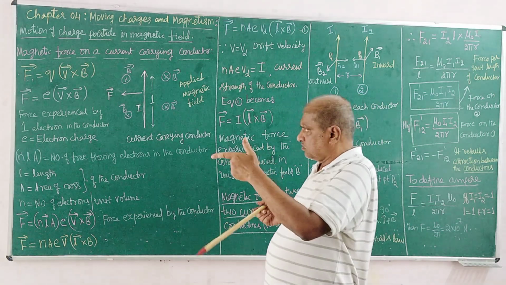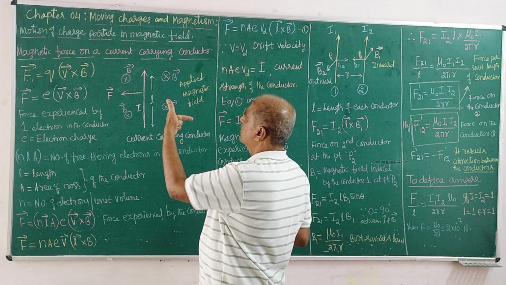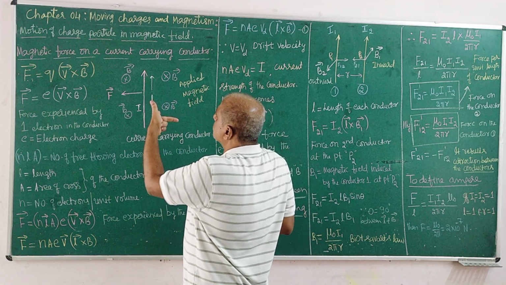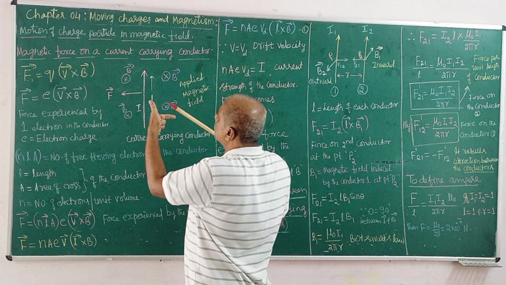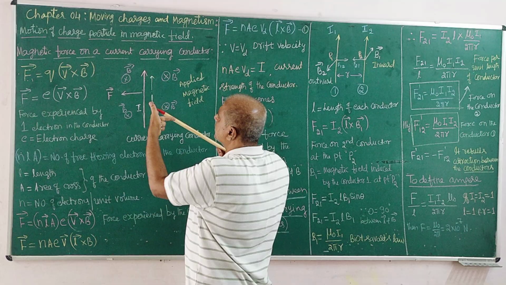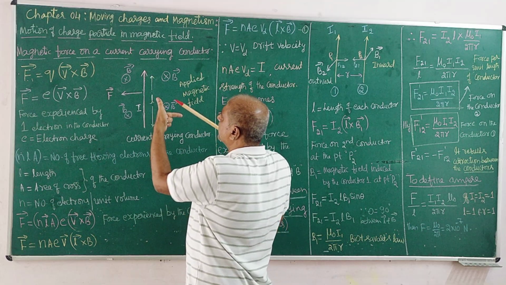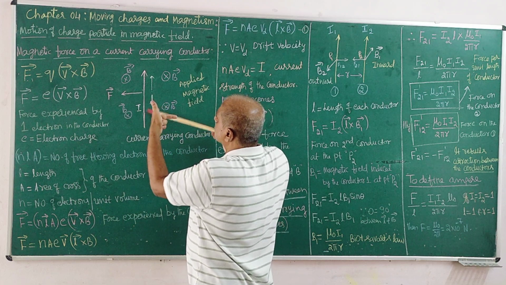You have to hold your fingers like this and turn the hand so that these fingers get coincided with the known vectors. That is a magnetic field direction inward, and there is a current.